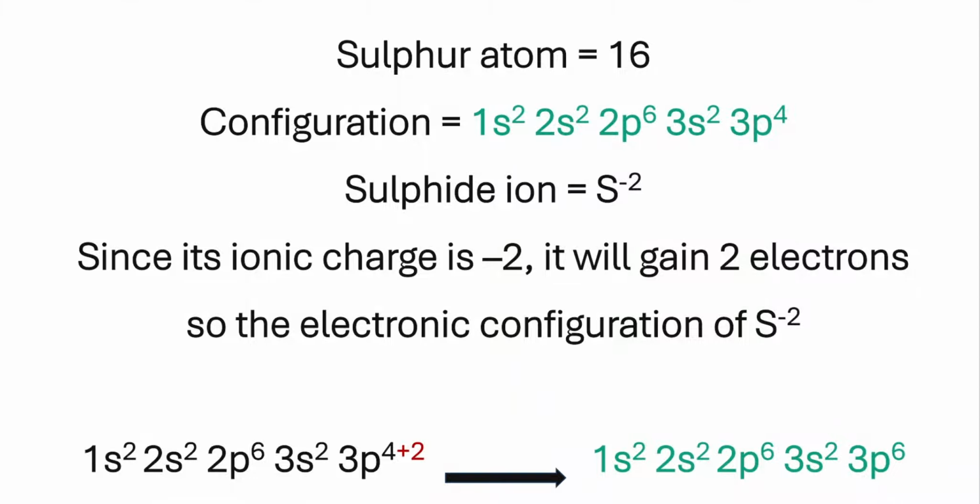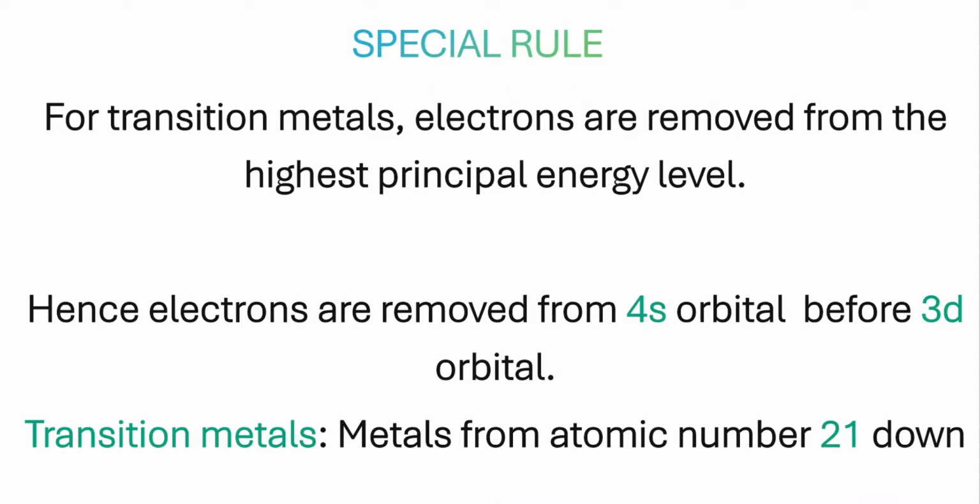So let's look at a special case here, which is the electronic configuration of transition metals. For transition metals, electrons are removed from the highest principal energy level, and we have that 3d is higher in energy than 4s. If we go by that rule, electrons are supposed to be removed from the 3d orbitals before removing from 4s orbitals.